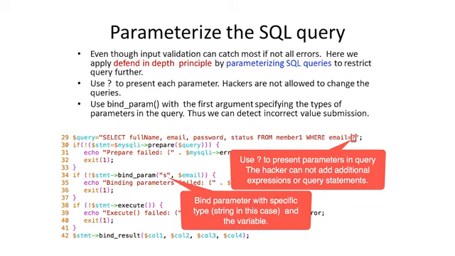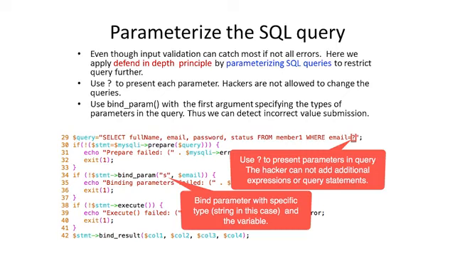We use a question mark symbol to represent each of the parameters in the query. Thus, we limit the number of variable inputs to the query. Once the query is prepared, the hacker can no longer add any additional expression or query statement into the SQL query.